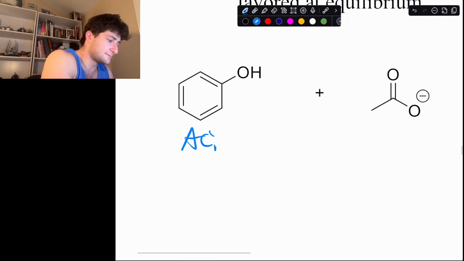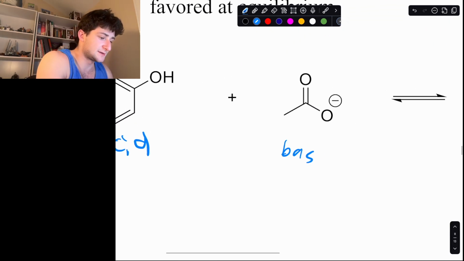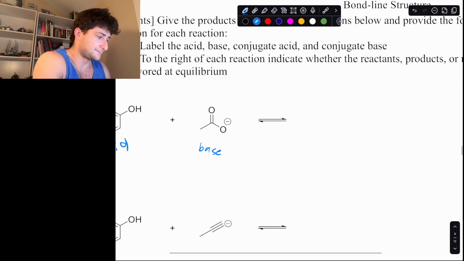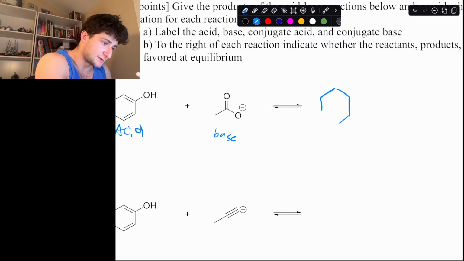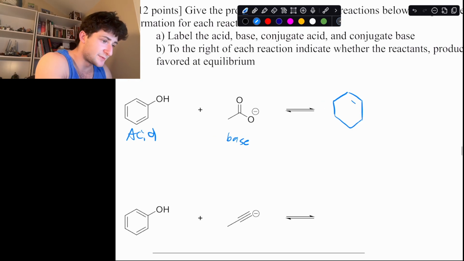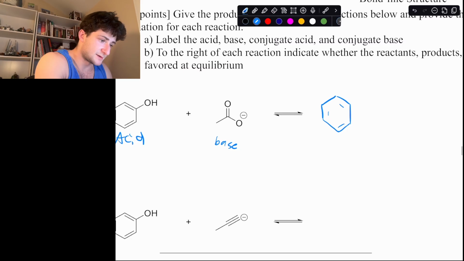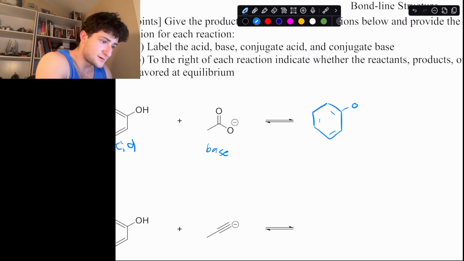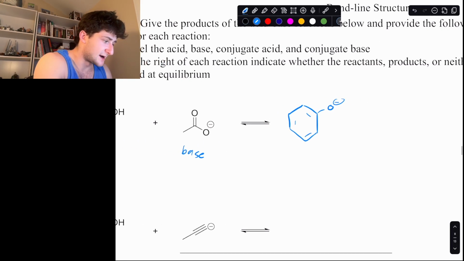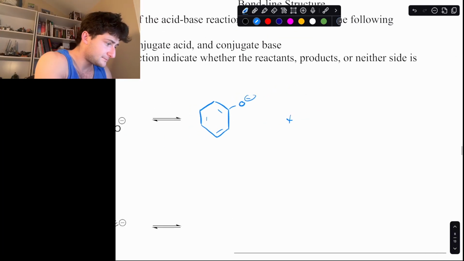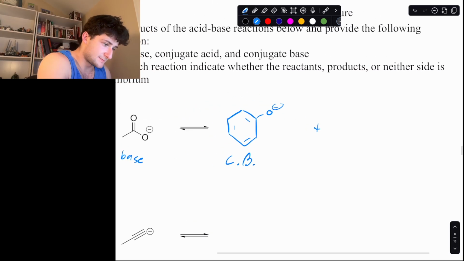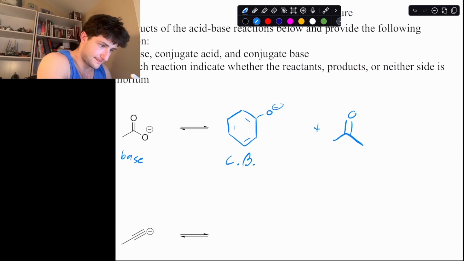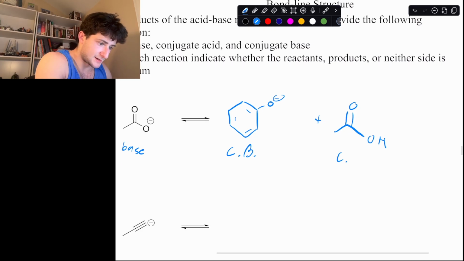So, acid, base, conjugate base. It's gonna look just like the acid, but it's gonna have 1 less hydrogen. Conjugate base. Conjugate acid.